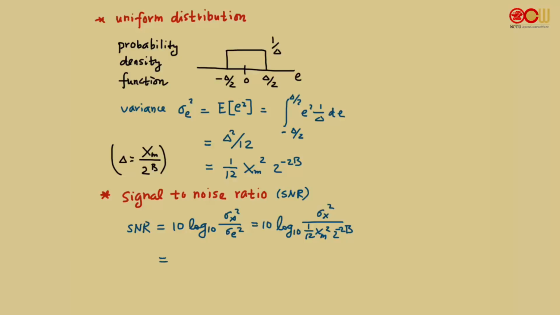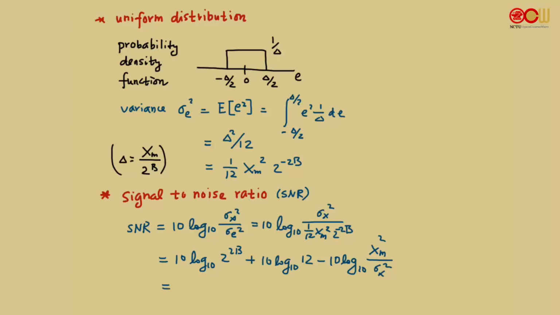And this gives rise to 10 log 10 2 to the 2B plus 10 log 10 12 minus 10 log 10 Xm squared over sigma x squared.